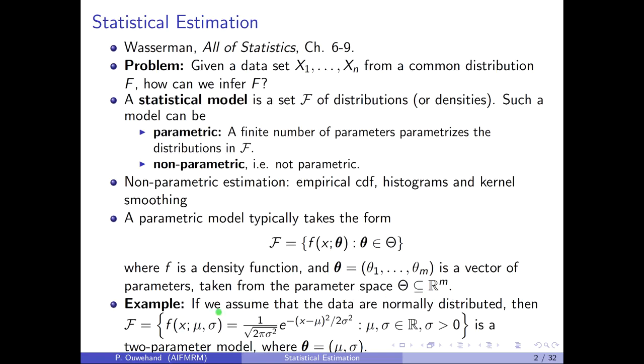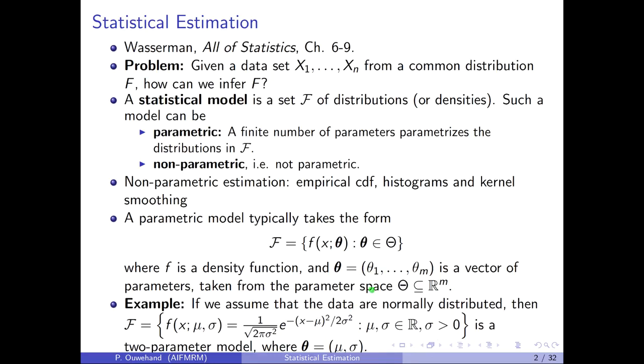For example, if we assume that the data are normally distributed, then f is the collection of all normal density functions, which is characterized by two parameters, mu and sigma, where mu, the mean, can be any real number whatsoever, and sigma must be a real number which is strictly greater than 0. So we have here a two-parameter model where the vector theta consists of the two parameters mu and sigma.